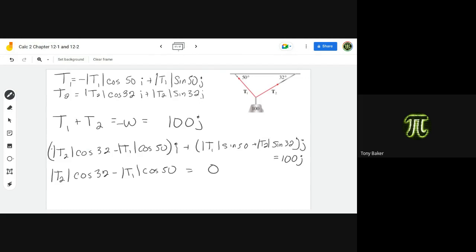Why is it equal 0? Because there's no I on the other side. So that has to equal 0. I then have, I'm going to switch this around just so those line up. It doesn't make a difference with the addition one, how to write it. And this one equals 100.